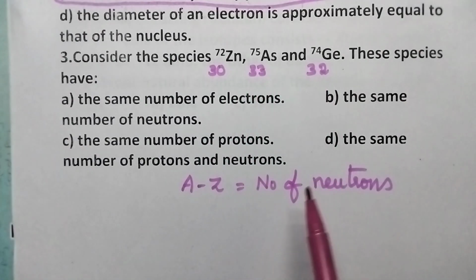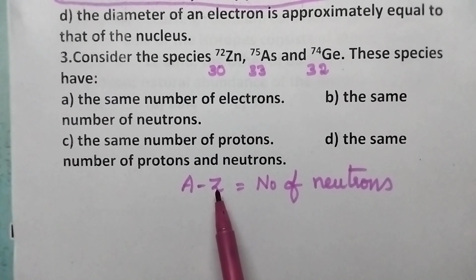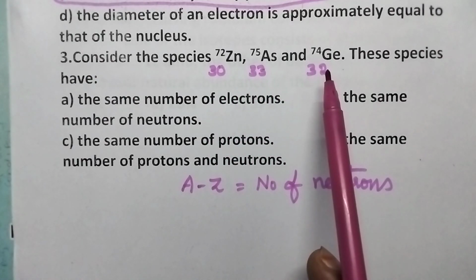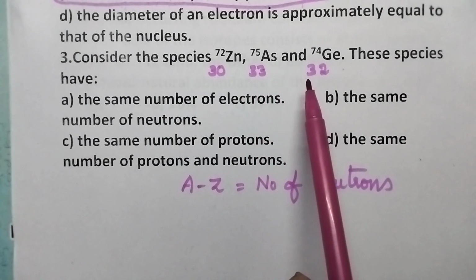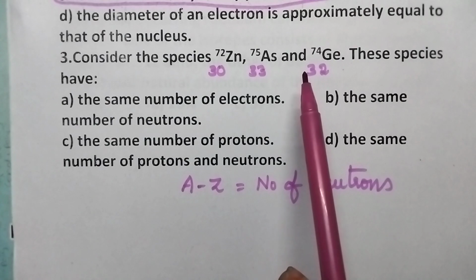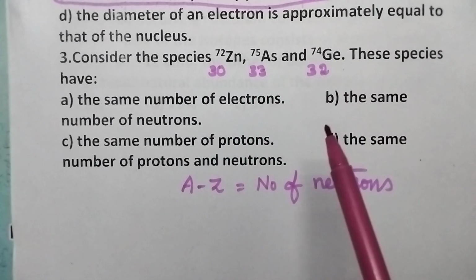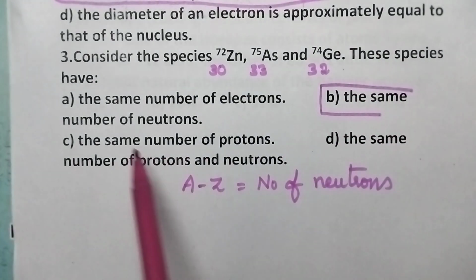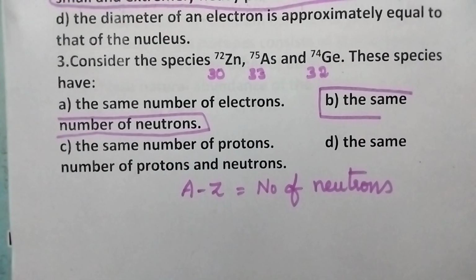Thus we can calculate the number of neutrons by using the formula A minus Z. When we calculate the number of neutrons of zinc, arsenic and germanium, they contain 42 neutrons. So in these three species, the number of protons will be different. Here in this case, option B, that is, these three species contain the same number of neutrons.